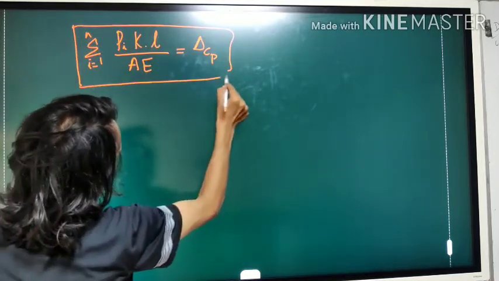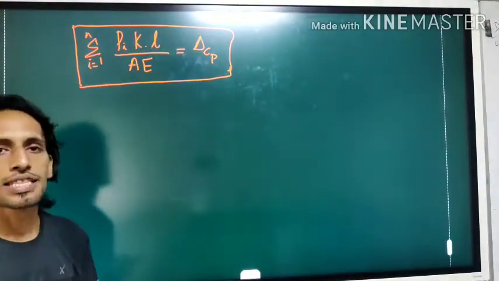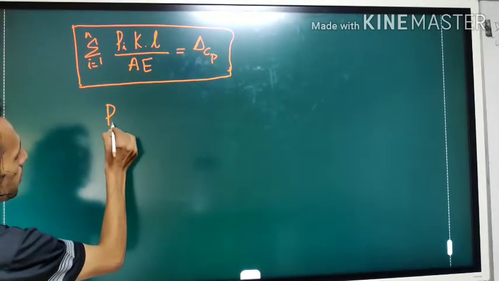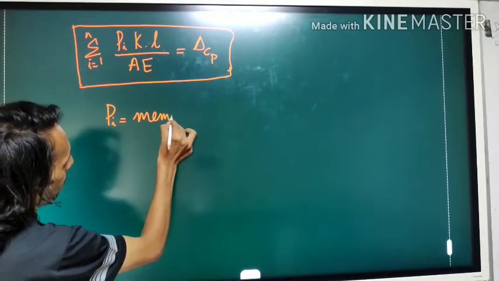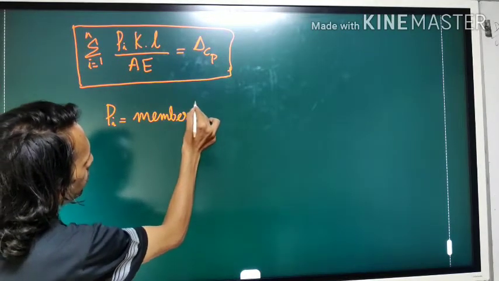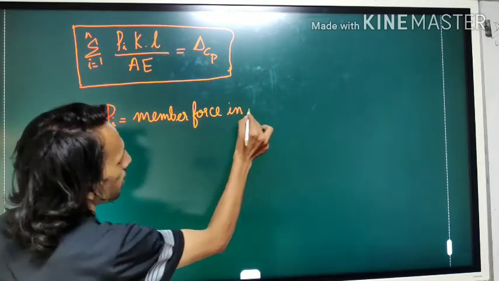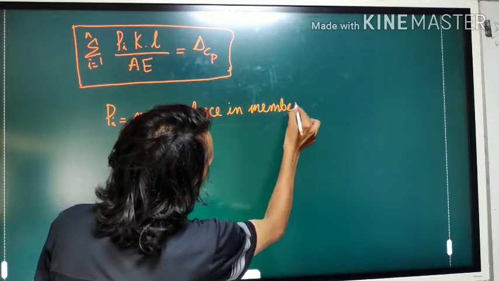So your formula will transform in this manner. What is Pi here? Pi is the member force in member i.